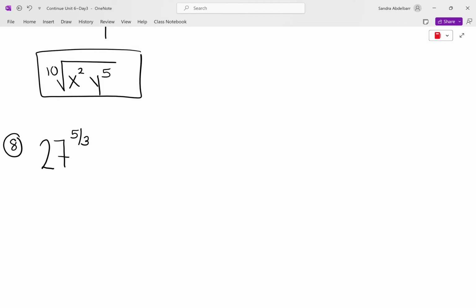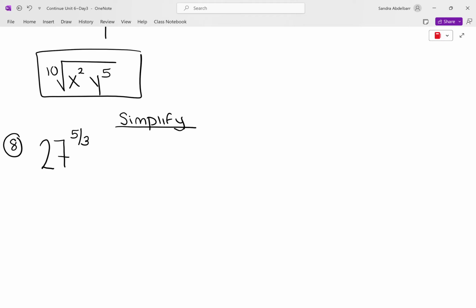Let's do this first. Positive 5/3 power. Okay, if I want to simplify this, I'm actually going to do a little bit of manipulation.